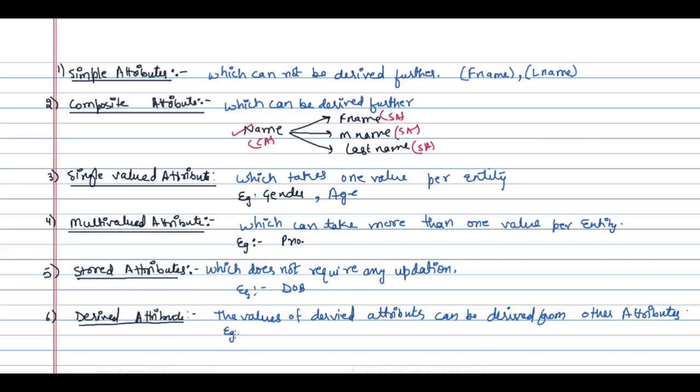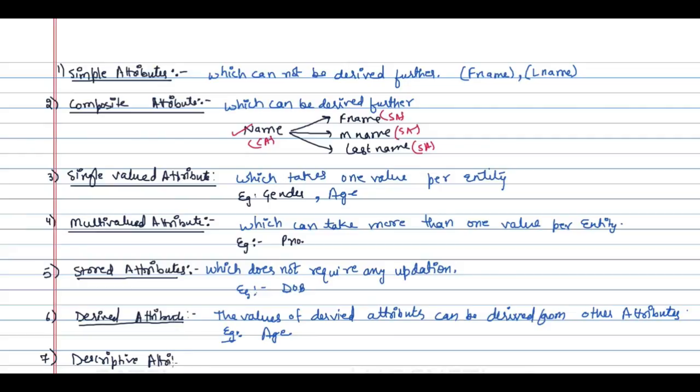For example, there is the age of a person. The age of a person can be easily derived from the date of birth of the person. Then there is something called a descriptive attribute.